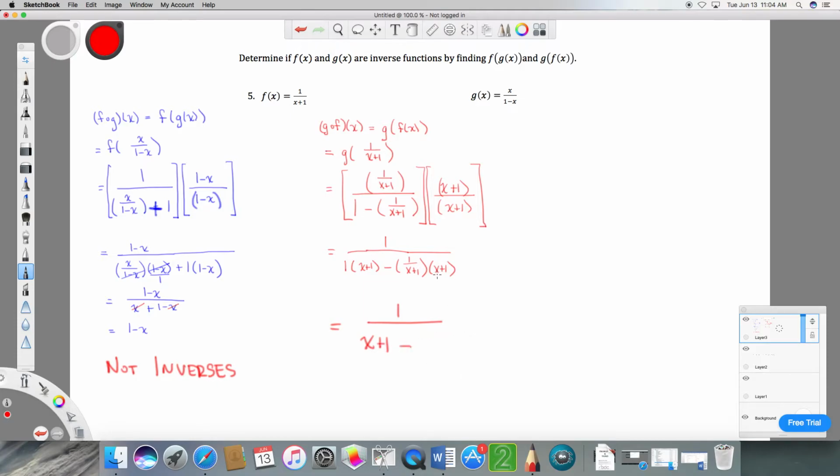And here, these guys are reciprocals of each other, so their product is just 1. This x plus 1 cancels with that x plus 1. And this reduces to 1 over x. But since that's not equal to x, then I know that these are not inverses of each other. Okay, so I hope that helps, and I will talk to you later.